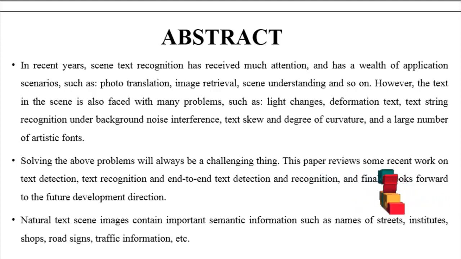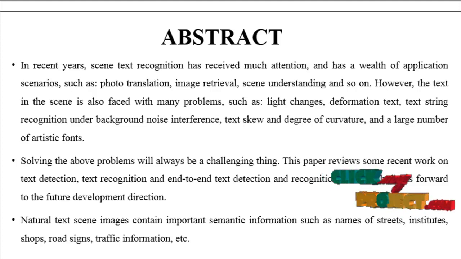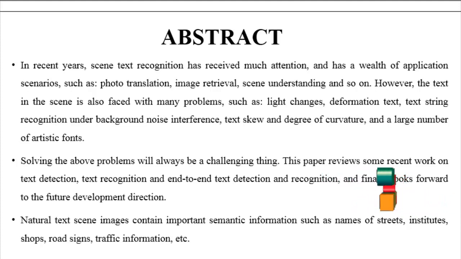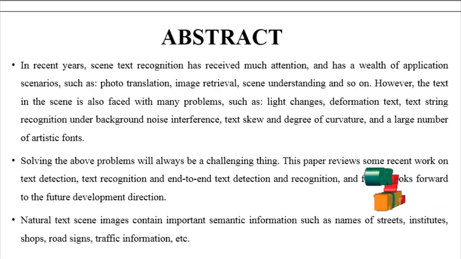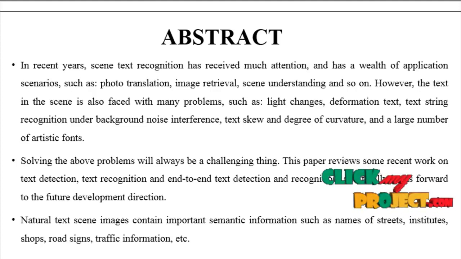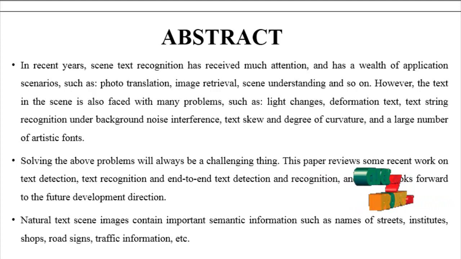Solving the above problems will always be a challenging thing. This system reviews some recent work on text detection, text recognition, and end-to-end text detection and recognition, and finally looks forward to the future development direction.